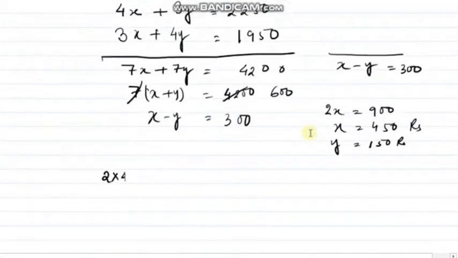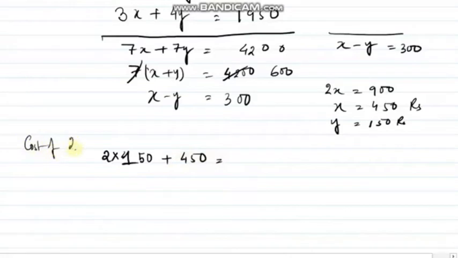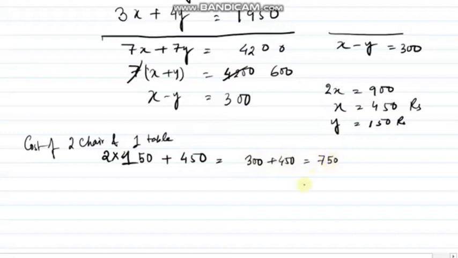The cost of the chair was y. So it will be 2 into 150 plus 450. So the cost of 2 chairs and 1 table equals 300 plus 450 equals 750 rupees. Is it fine?